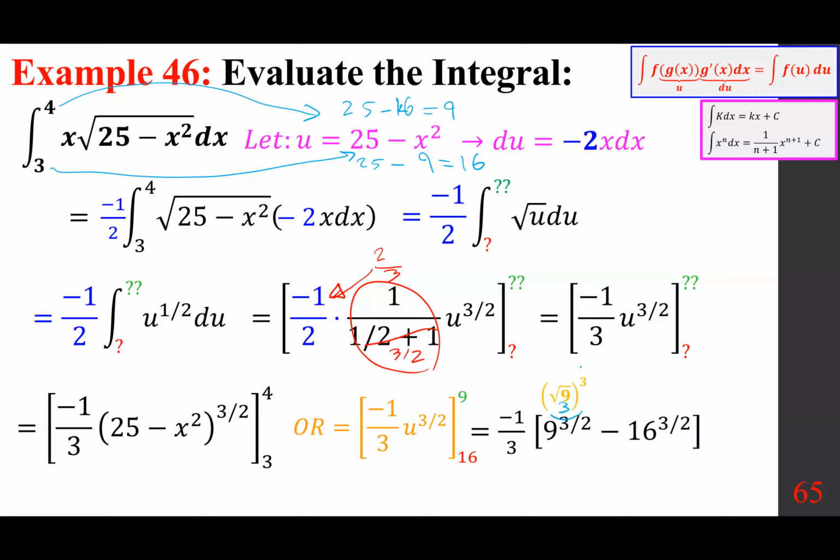This is 3 cubed, you get 27. This is 4 cubed, you get 64. So 27 minus 64 is minus 37. With minus 1/3, their product is positive 37/3.